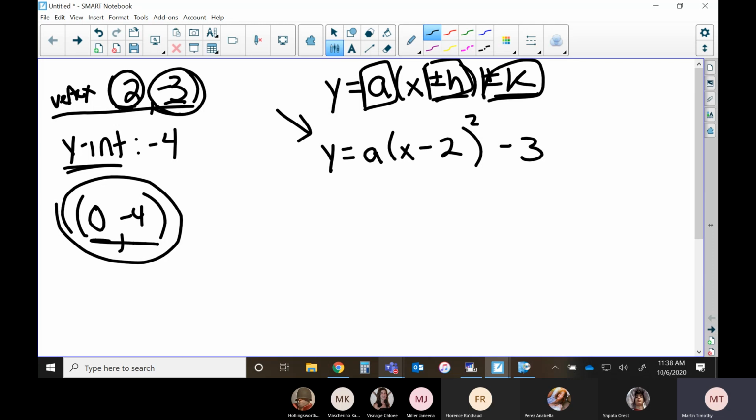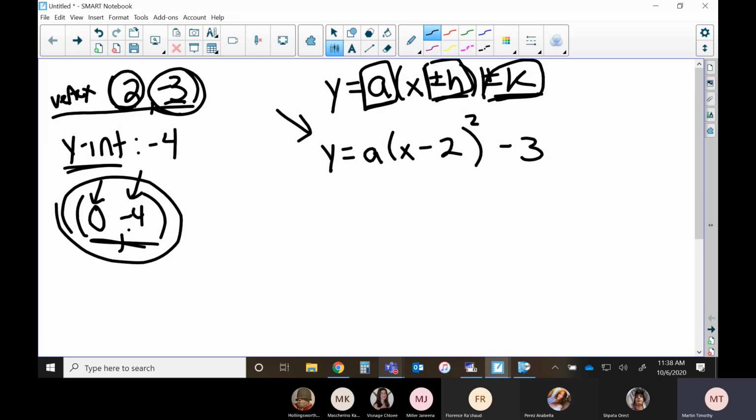If you plugged in this X and this Y, it would make this equation true, correct? What did I say this is? An X, and what did I say this is? If I plug those in over here, how many variables would I then have? The only variable would be the A, and I could use my algebra skills to work backwards and solve for my A, and then I would have my A, my H, and my K. I've got my formula. Are you following me?